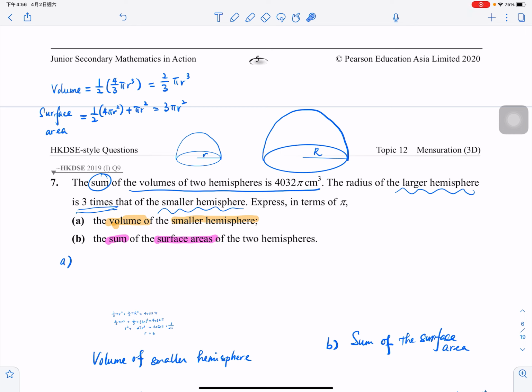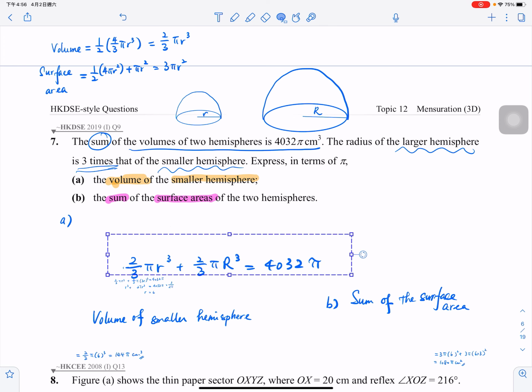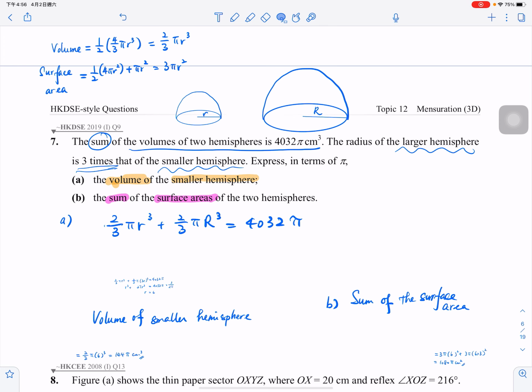Okay, now part A. What is the volume of the smaller hemisphere? You know the sum of these two is this. And you know that big R is 3 times small r. So I think it is not difficult for you to write down this relationship. Small volume plus the large volume equals 4,032 pi.